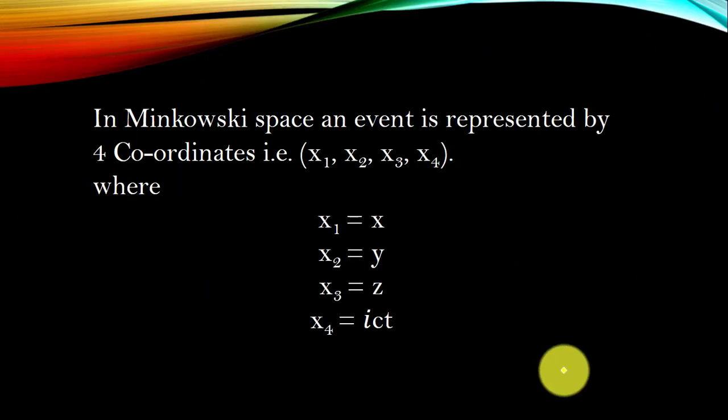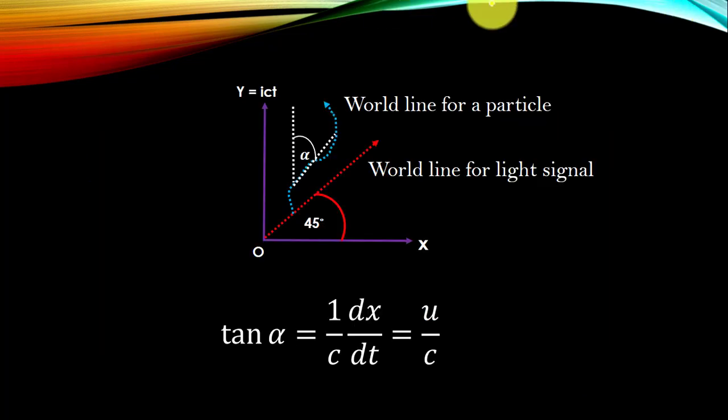So as you know, in Minkowski space we represent our 4 vectors as x1, x2, x3 and x4, where the x4 term is iota ct. I think this point is clear right now. If we have to represent the position of any particle in the 4-dimensional space, here we have taken 2 dimensions, as it is difficult to represent 4-dimensional space on a 2D sheet.